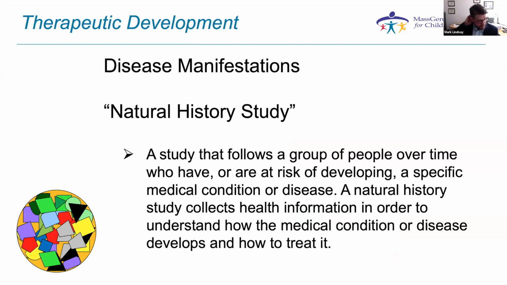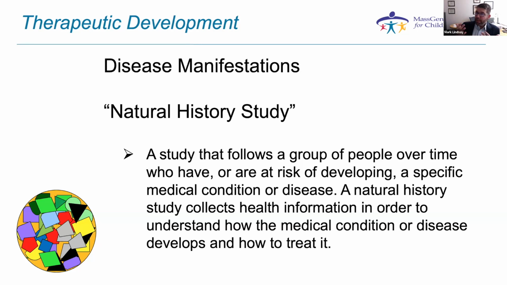So what you have to have is what we call a natural history study. And that is what's happening to people with the condition under current care. It doesn't have to be with people who aren't taking any medicine. That's actually wrong. It's people who are taking the medicines that are commonly used for the condition right now, and we want to try a new medicine on top of that.